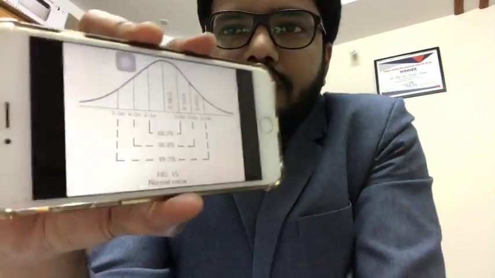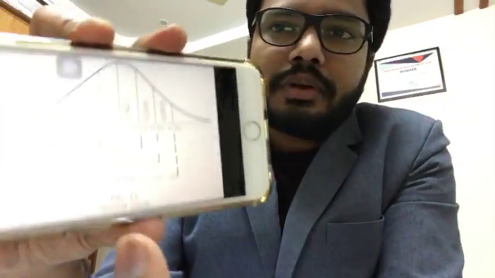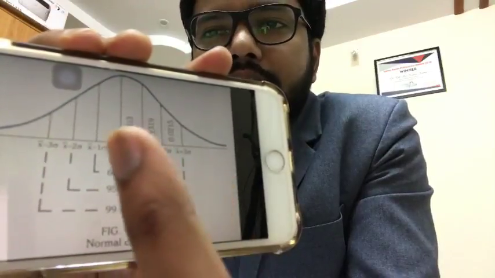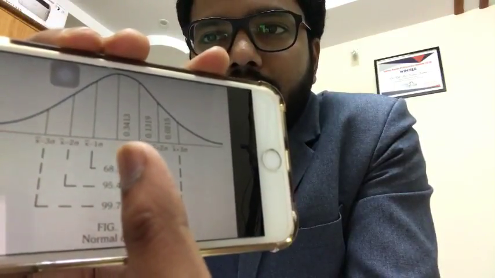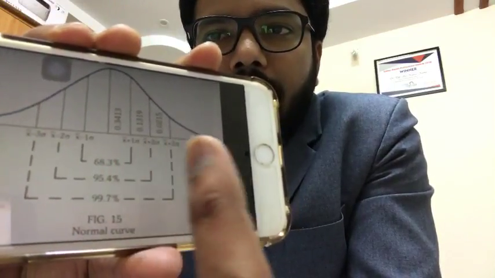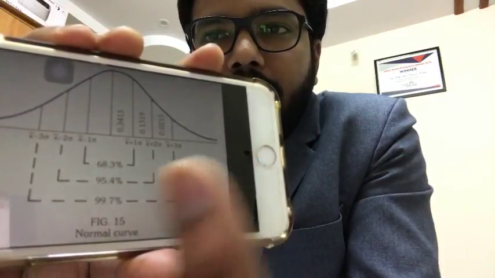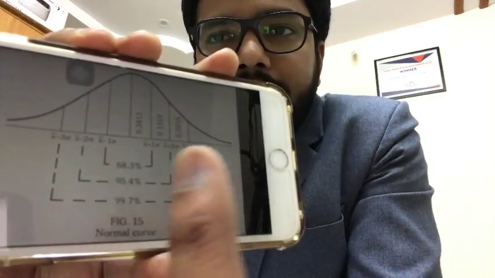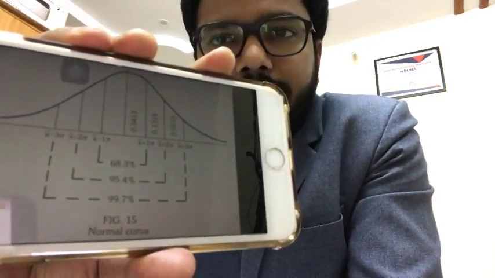This is just to reinforce the concept. So we consider this as the mean. So the mean will be 0. One half of this curve will be 0.5, the other half is 0.5, so the entire area under the curve is 1.